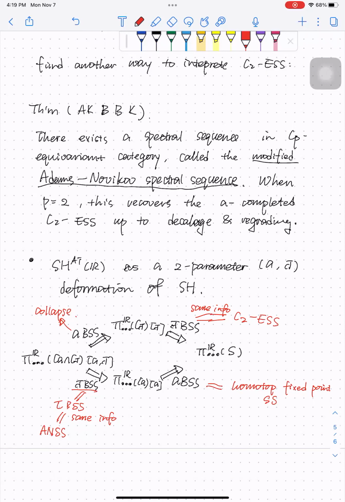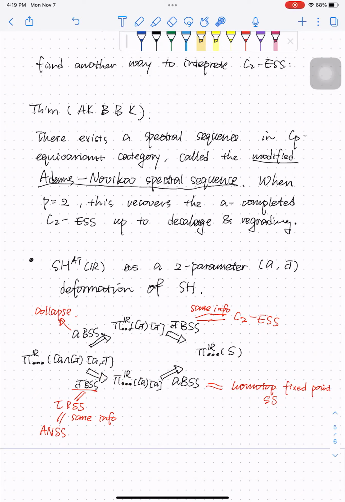Okay, and if you look at this route, that's something that collapses plus a C2 effective spectral sequence. And if you look at this route, that's an Adams-Novikov spectral sequence plus a homotopy fixed point spectral sequence. And these routes should give you the same calculation.